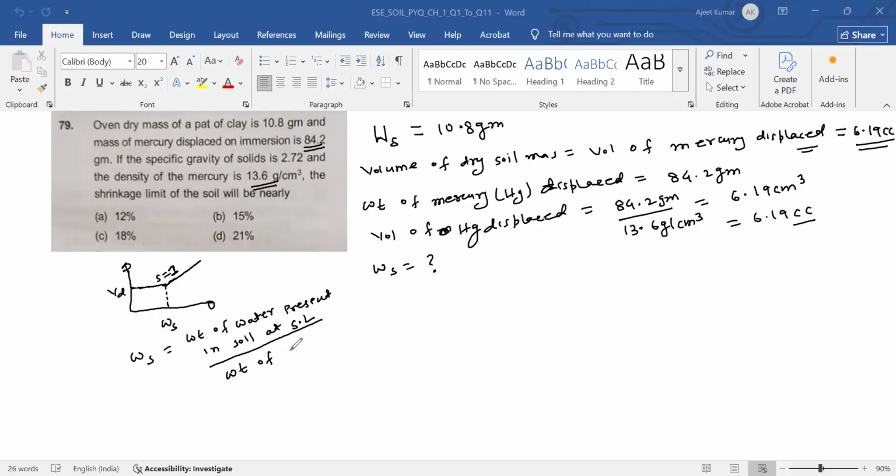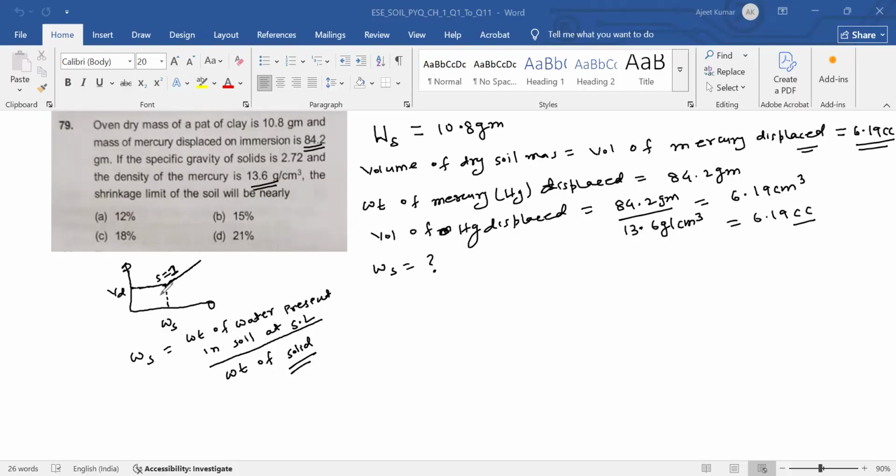So what is the water content at this stage? We have to calculate this first.